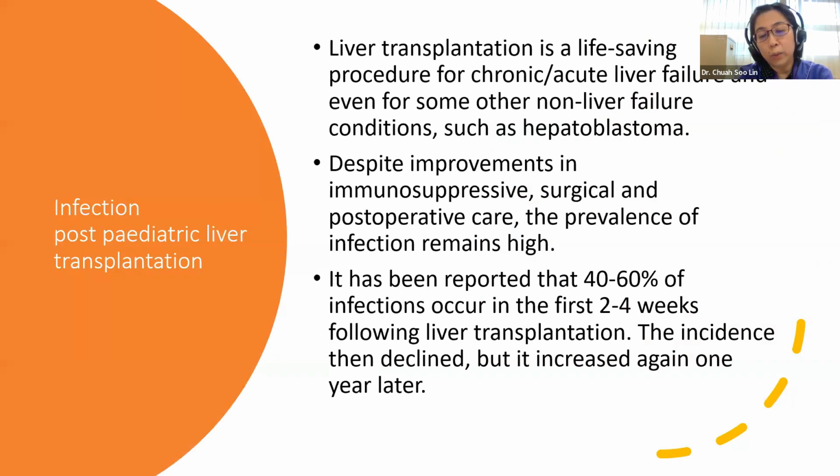These infections are very important because they determine the success of the liver transplantation. Despite improvements in immunosuppressive agents, surgical techniques, and ICU post-operative care, the incidence of infections remains high. We cannot completely abolish infections post-transplantation.